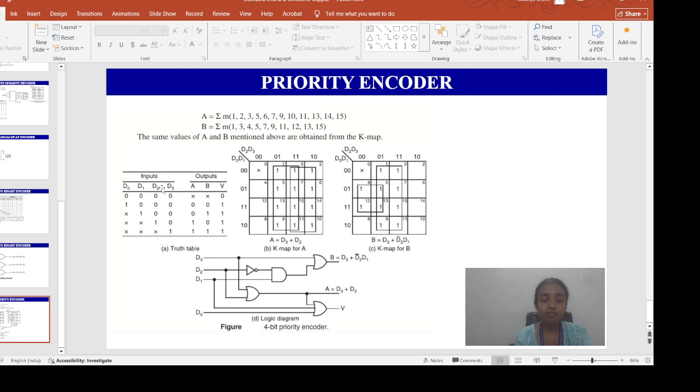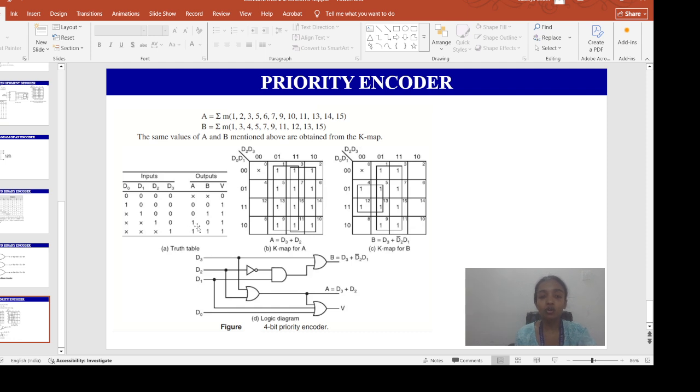So regardless of the values of the other inputs, when D3 is 1, the output AB is 1, 1, that means binary 3. Then D2 has the next priority level. The output is 1, 0 if D2 is 1. Then D1 is generated only if higher priority inputs are 0, and so on down the priority level.